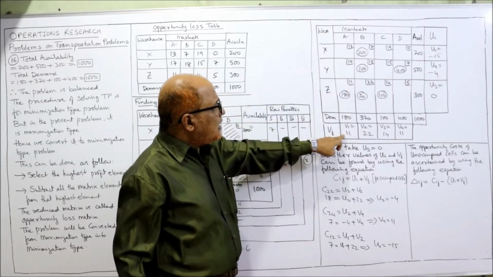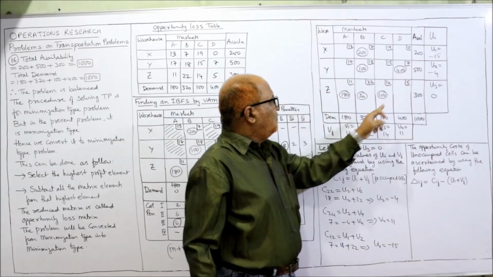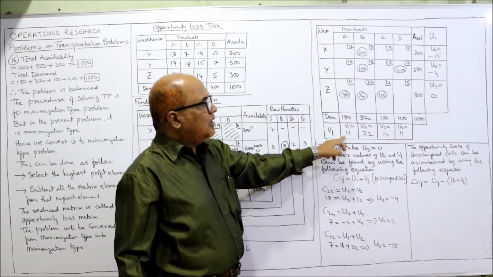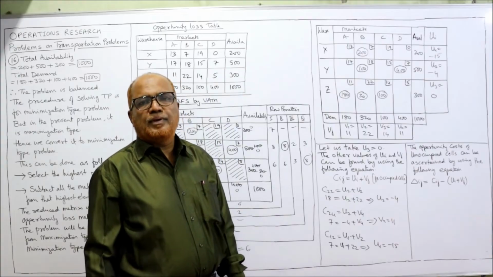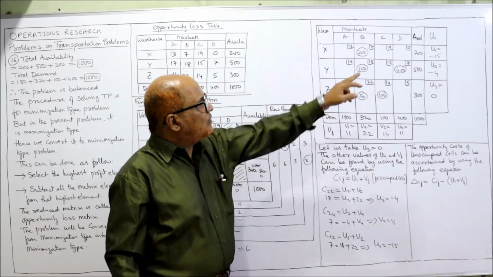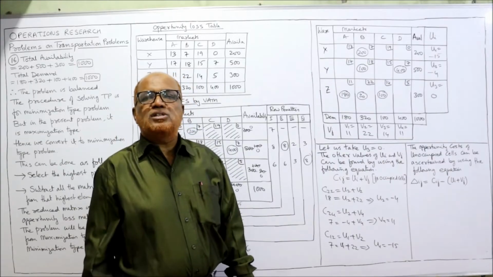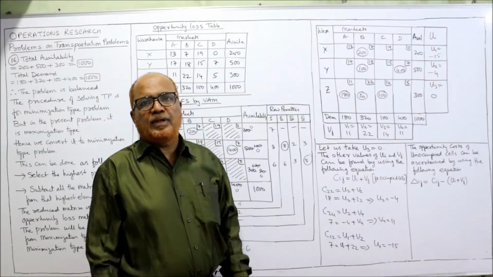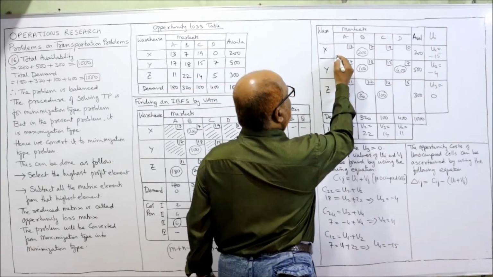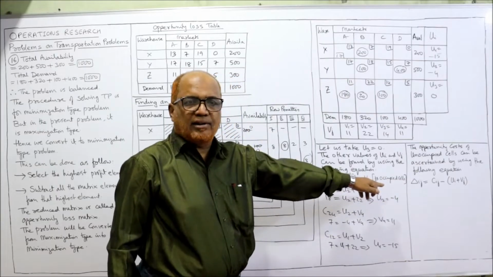Ui is minus 15 and Vj is 11. So 11 minus 15 is minus 4. So 13 minus minus 4, minus into minus will be plus. So 13 plus 4 is 17. Otherwise I'll show it in calculations.